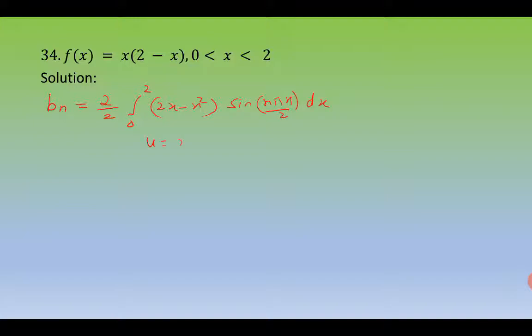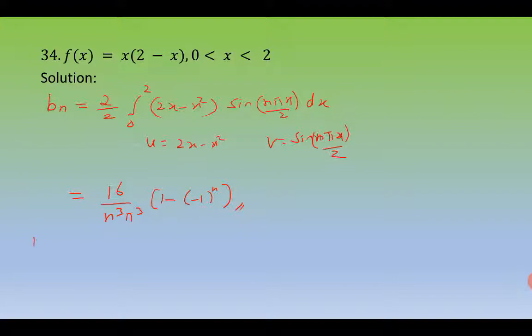In the similar way, take u equal to 2x minus x square, v equal to sine n pi x over 2. Use the integration by parts method, the answer will be 16 over n cube pi cube times 1 minus minus 1 to the power n, isn't it?